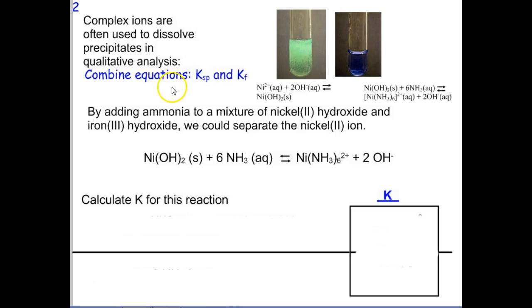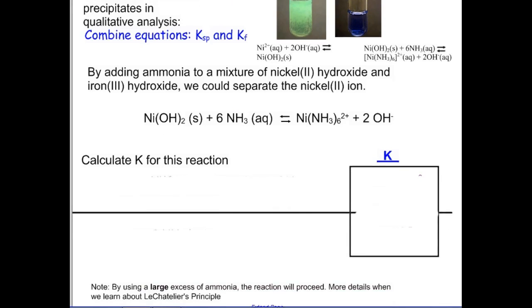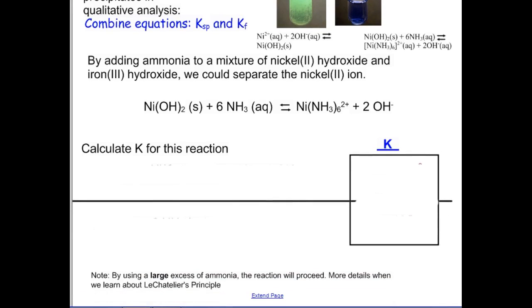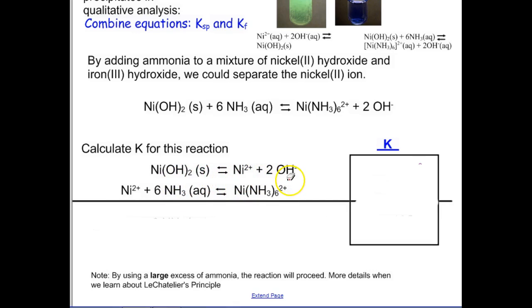And what we're going to be doing is combining the equations, the KSP and the KF. So to do that, first I need my equations. I have nickel hydroxide dissolving into nickel ions and hydroxide ions. That's the KSP.